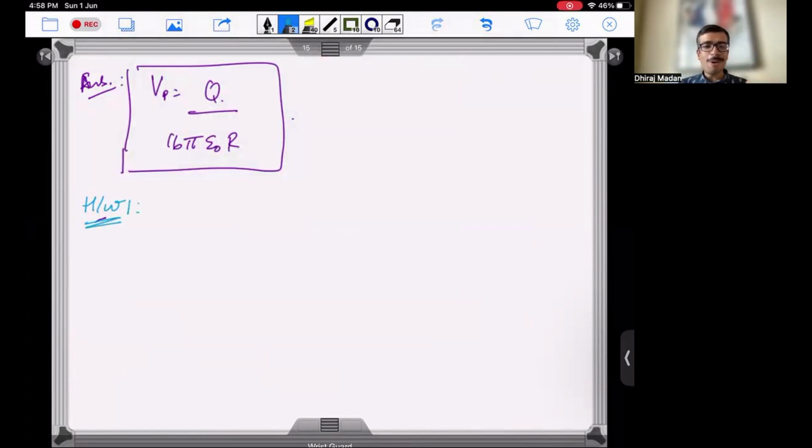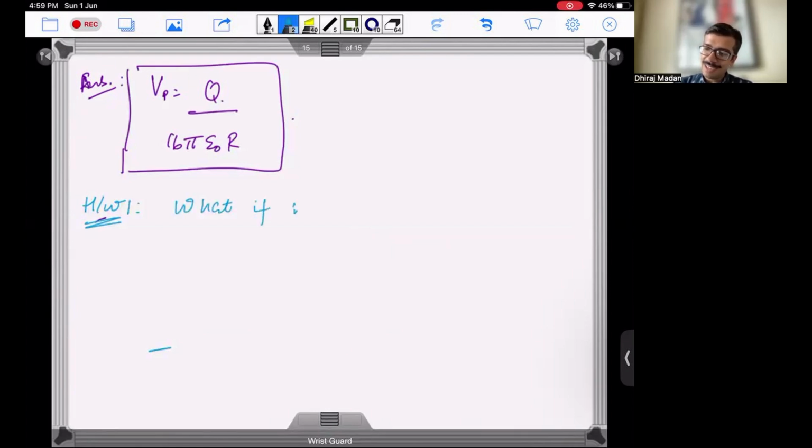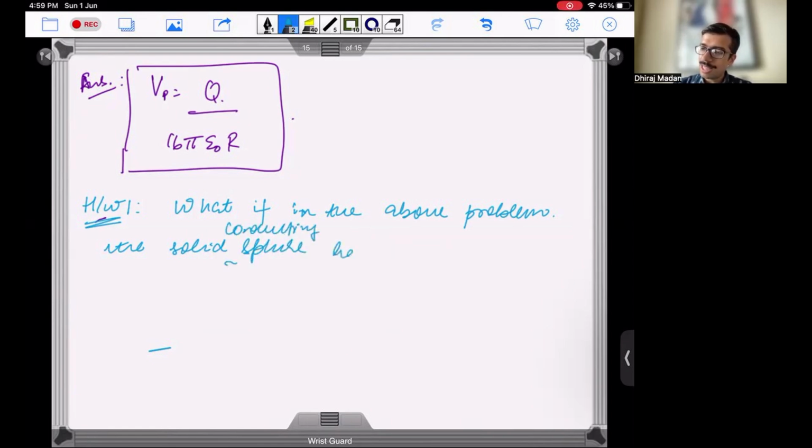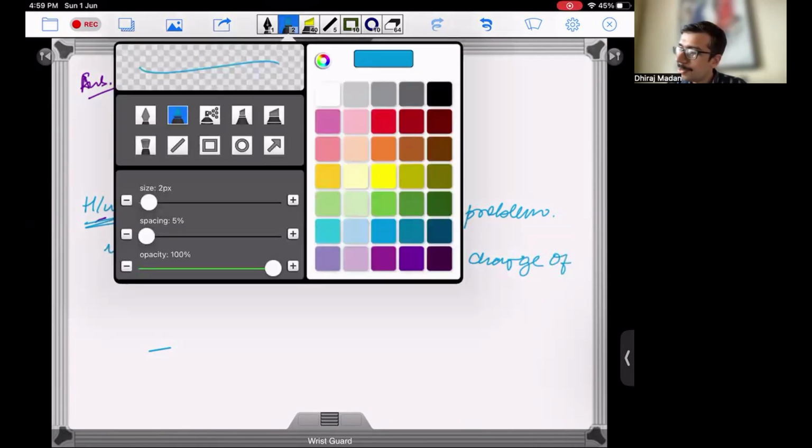It is basically the same problem, but what if in the above problem, the solid conducting sphere has a net charge of 2q?